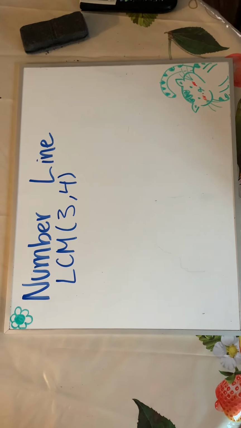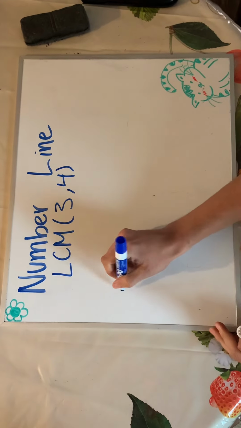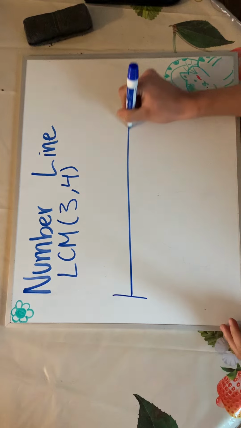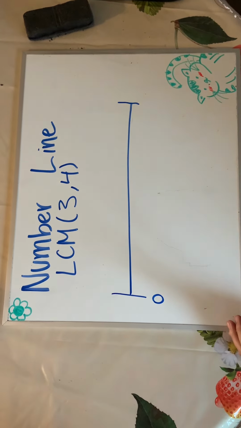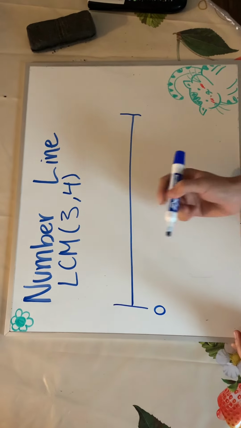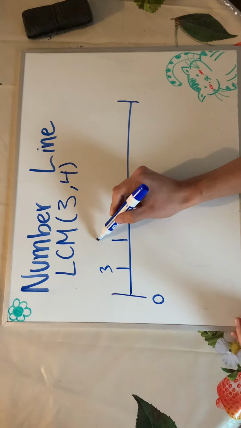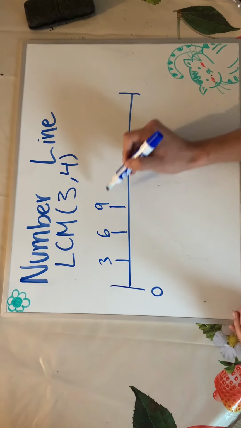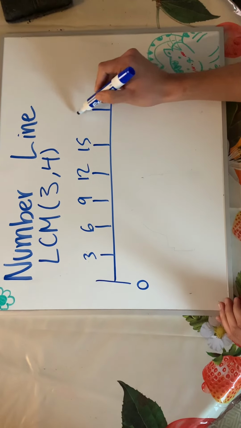The number line, imagine we have a line, and always start at 0, and we just went up by 3: 6, 9, 12, 15, 18.